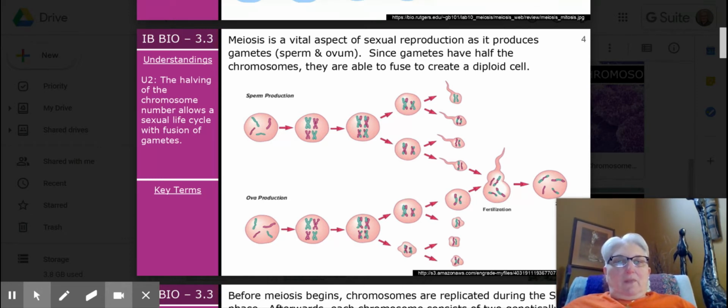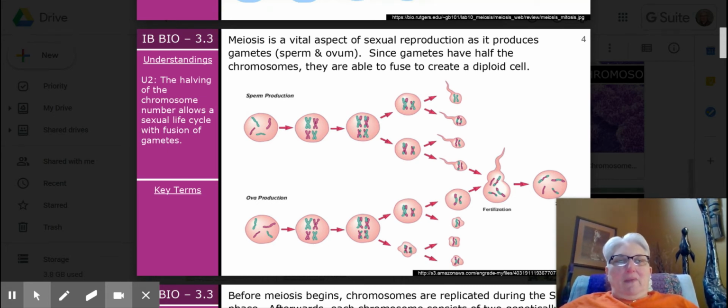So if we're looking at the production of the sperm, which is, of course, spermatogenesis, we are looking at the end of meiosis 2 ending up with our 4 haploid cells, all 4 sperm being viable. But if we're looking at egg production, which is oogenesis, then we're looking at the end of meiosis 2 ending up with 4 haploid cells.